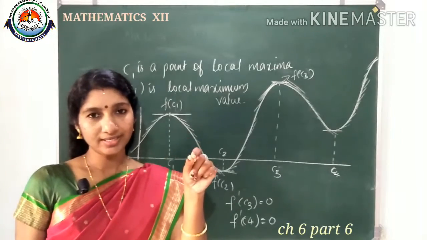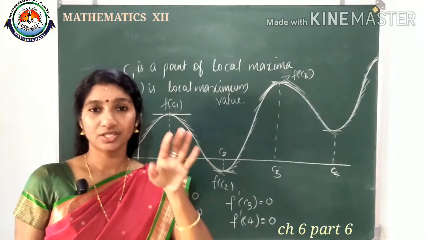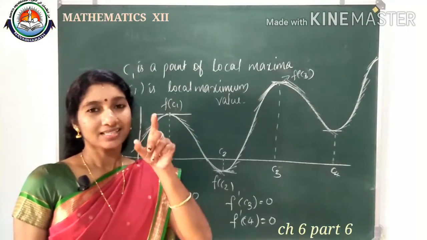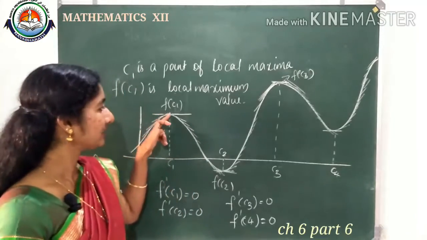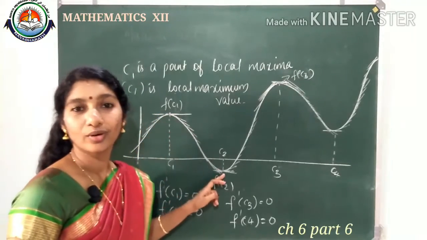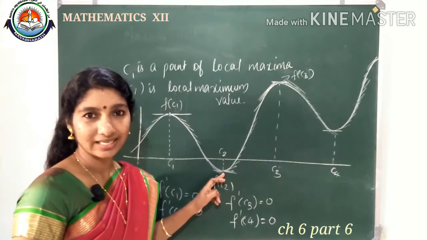At those points the slope of the tangent will be 0. That means there is a chance of getting either a maximum value or a minimum value at those points. Is it clear?